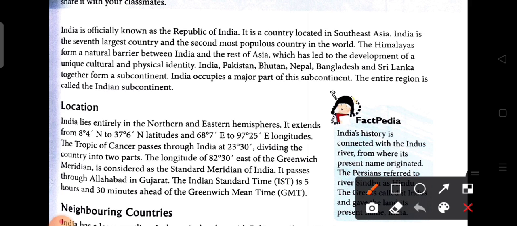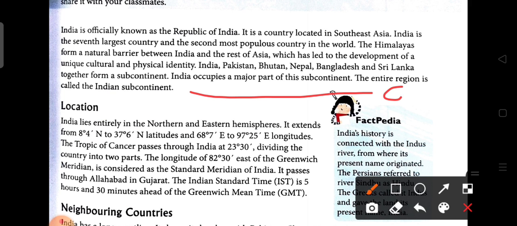Now we are going to discuss the latitudinal and longitudinal extension, that is the exact location of India. India lies in the northern and the eastern hemisphere, which means it totally lies above the equator and in the eastern hemisphere. It extends from 8 degree 4 minute north to 37 degree 6 minute north latitude.